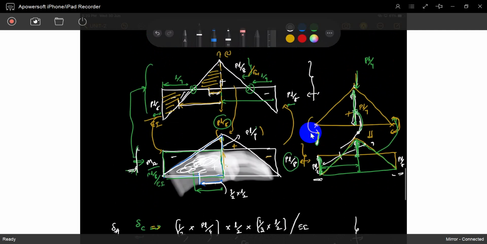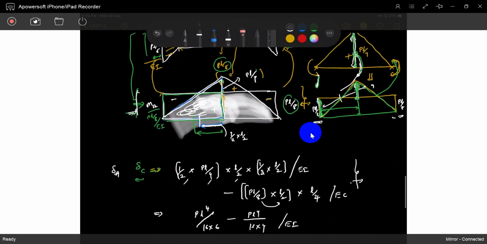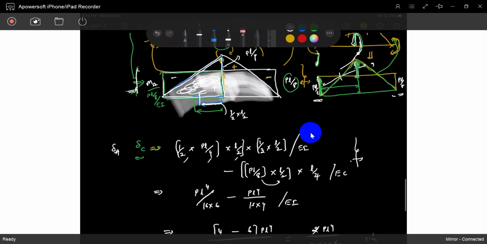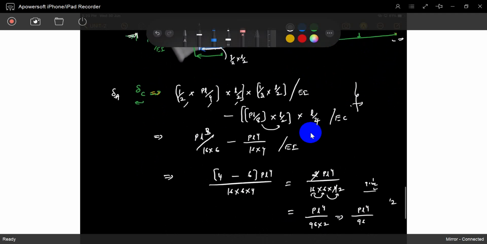PL by 4. It's okay. Half into PL by 4 multiplied with L by 2 is the distance. Okay, that is the area. So half into something. So I understood this is PL cube. 192 will come. So 192.